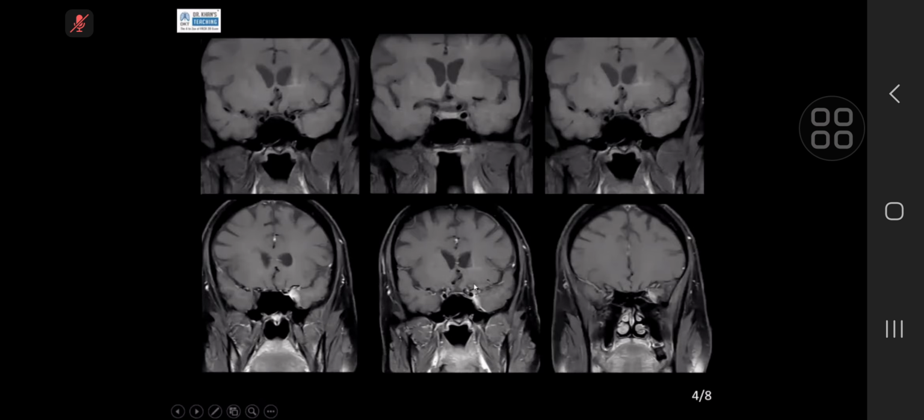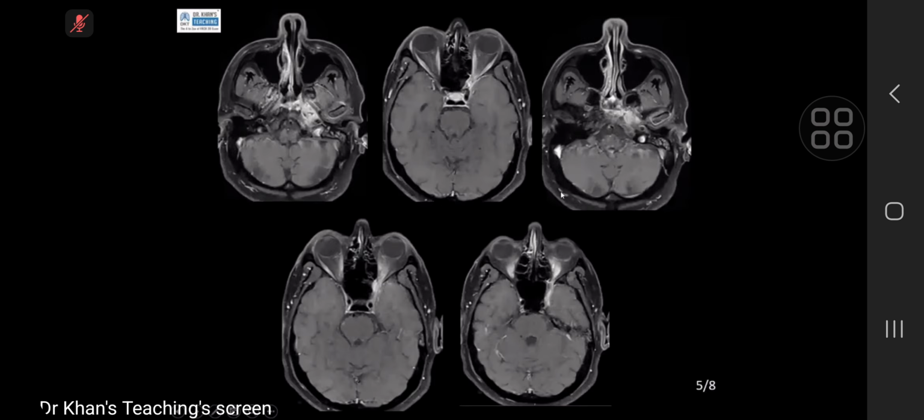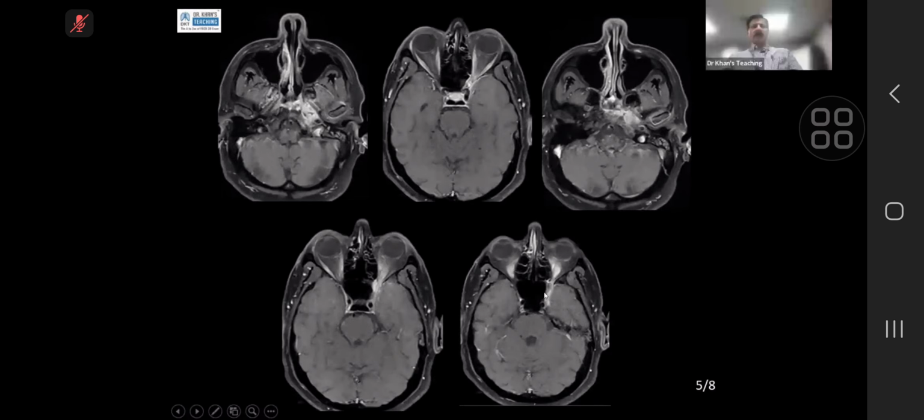Yes, so I would think about cavernous sinus thrombosis, with pus or thrombus within, as a complication of the inflammation within the petrous apex. Excellent. If you see here, we can see cavernous sinus thrombosis.